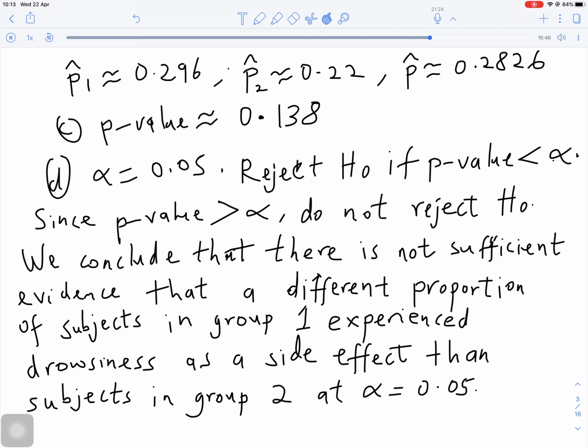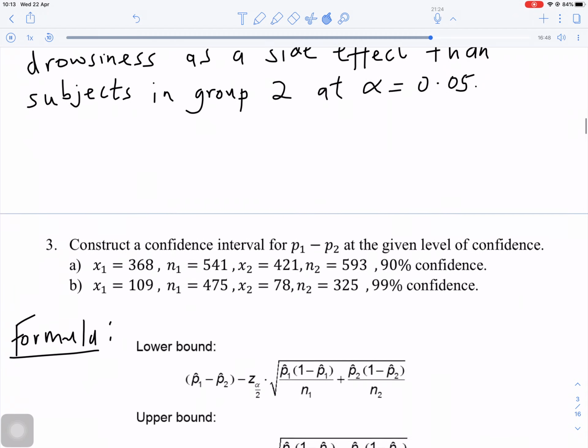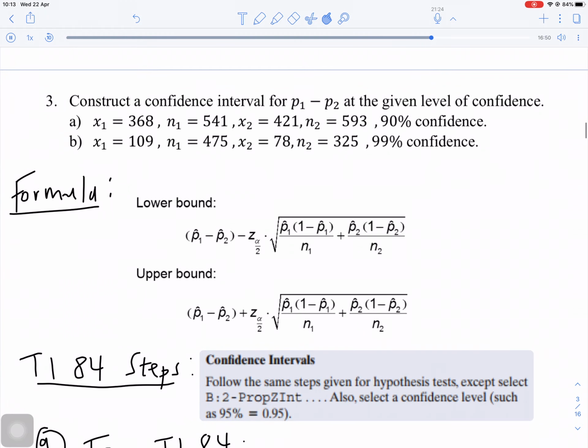Okay, so we move on to question 3. It says construct a confidence interval for P1 minus P2 at the given level of confidence.